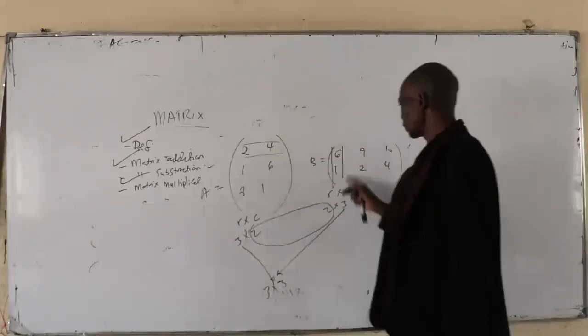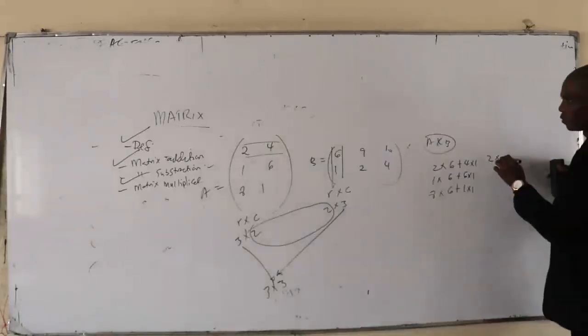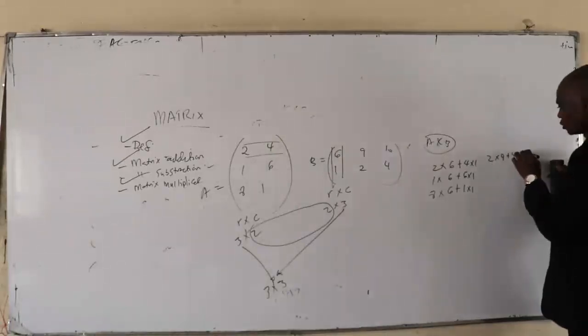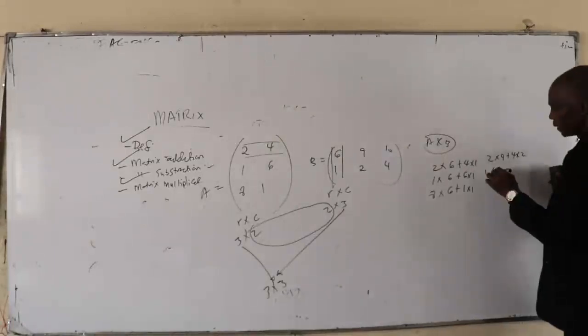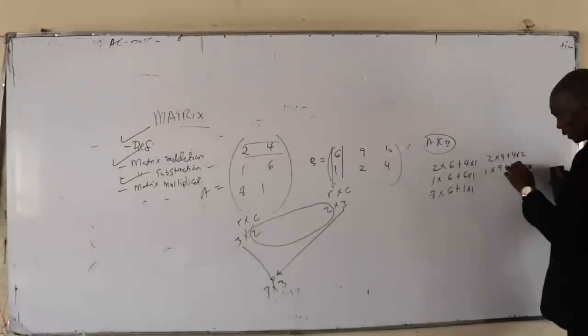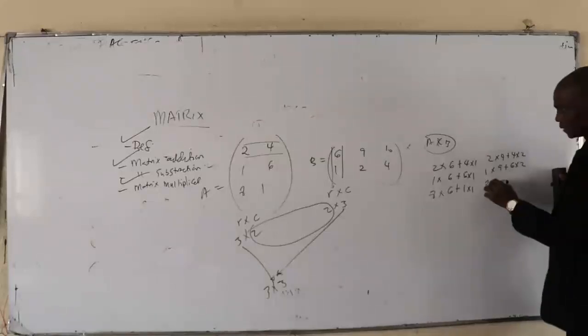This one will be 2 times 9 plus 4 times 2. The other one will be 1 times 9 plus 6 times 2. The other one is 8 times 9 plus 1 times 2.